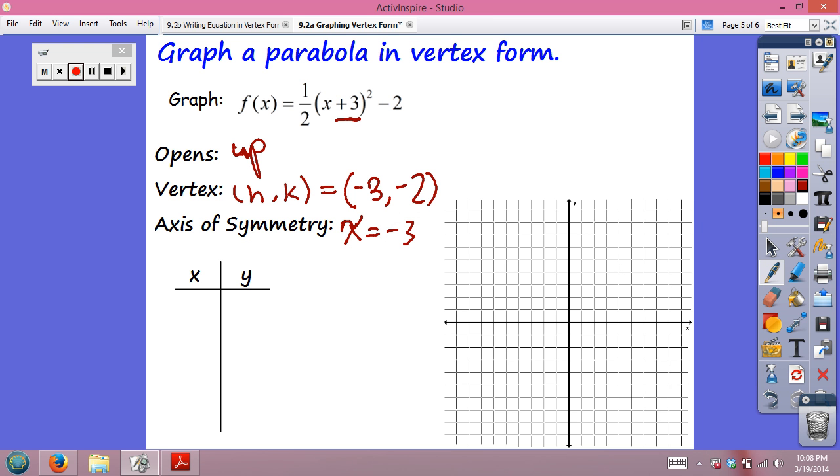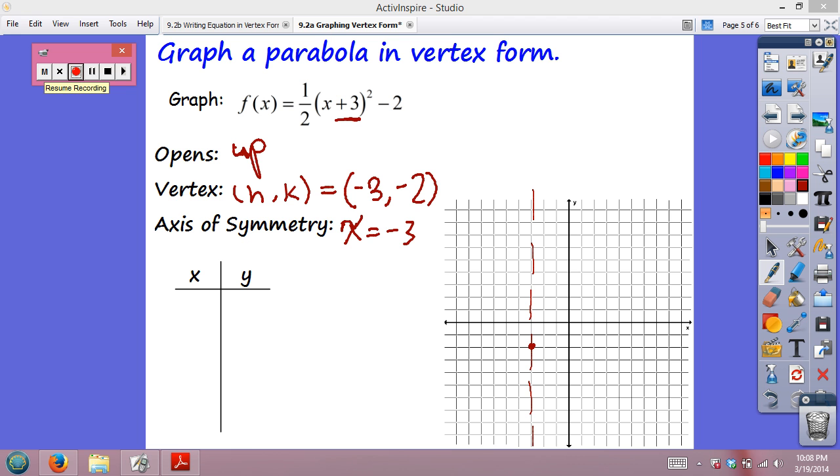So the first thing we're going to do is plot these two things. If we have x equals -3 as our axis of symmetry, and then we have our vertex at (-3, -2).